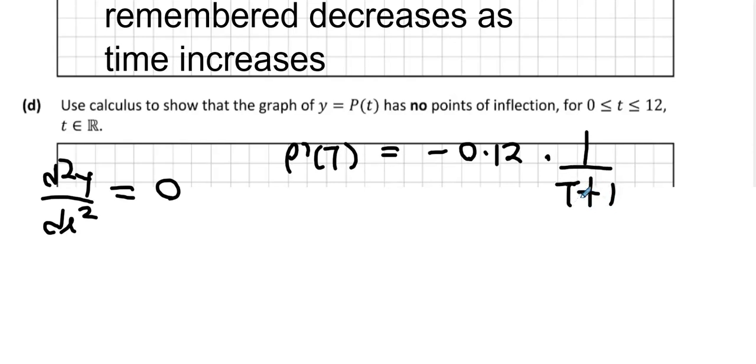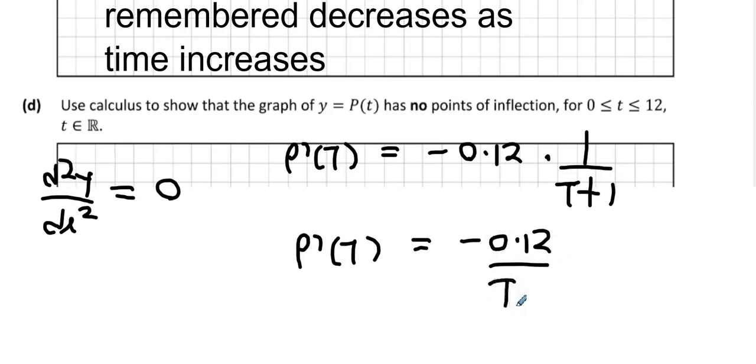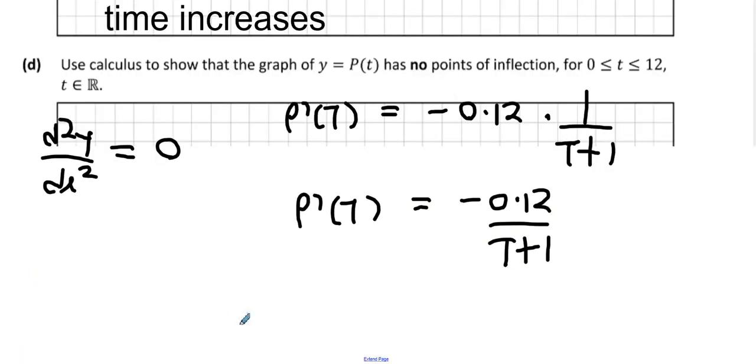Now, here's what we're going to do. I'm going to change that into minus 0.12 over t plus 1. It wants the second derivative. That's what we're doing. Second derivative, yeah? How am I going to get the second derivative of this? What rule? Quotient rule. Everybody remember the quotient rule?